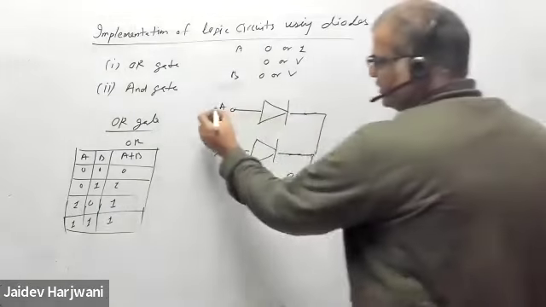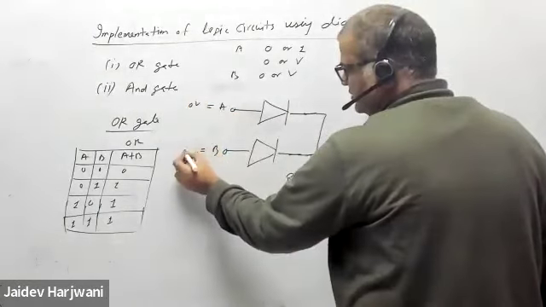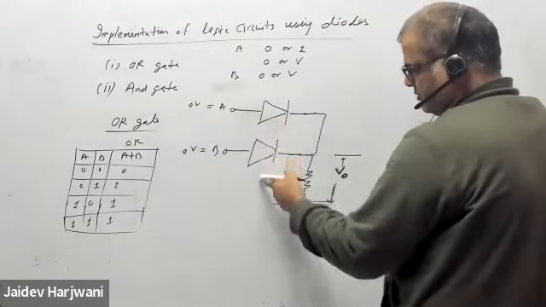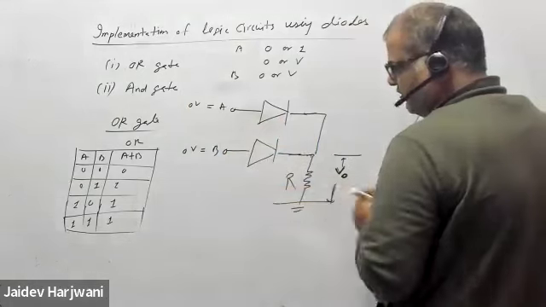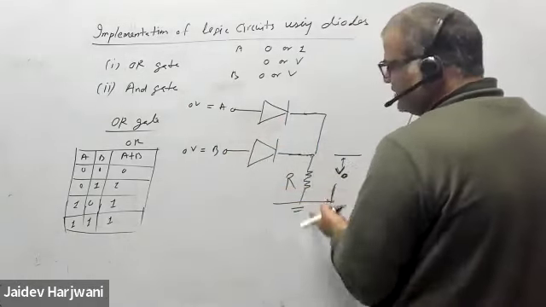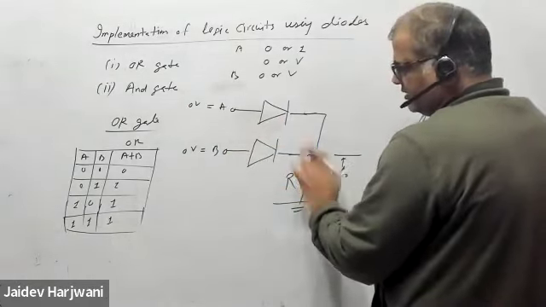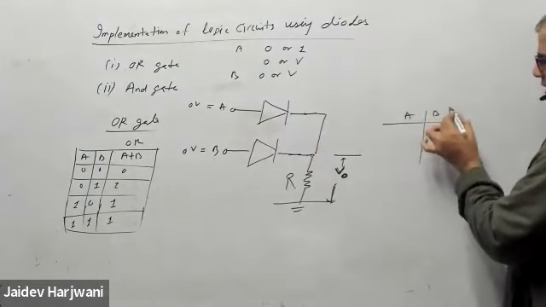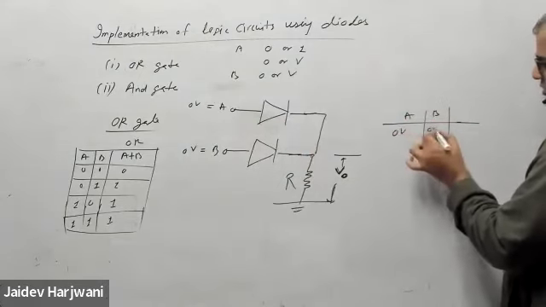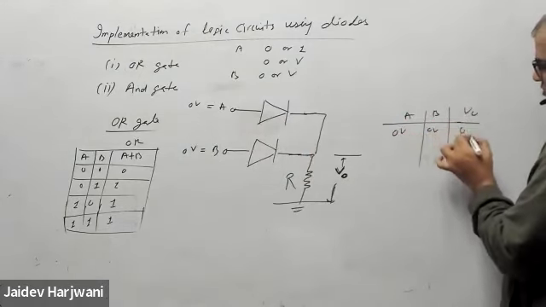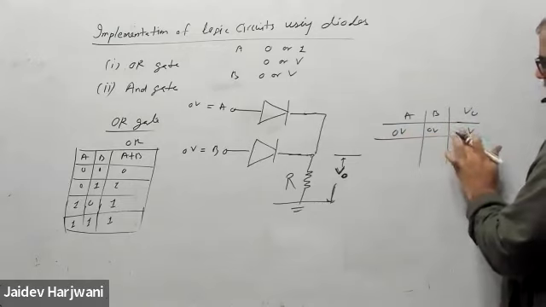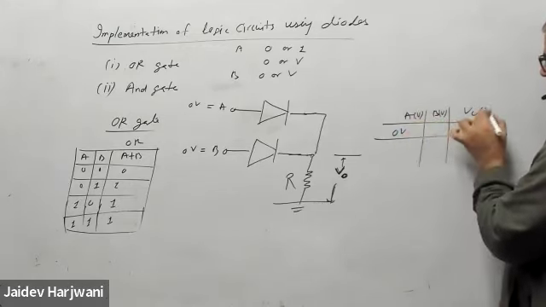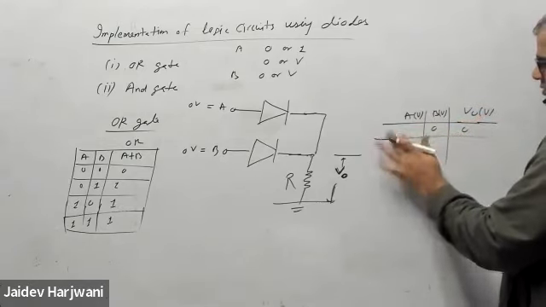If this is 0 volt and this is 0 volt, are the diodes off or on? Both will be off. So no current is flowing through the resistance, and the output voltage will be 0. So for A B equal to 0 volt, 0 volt, V naught is also 0 volt.